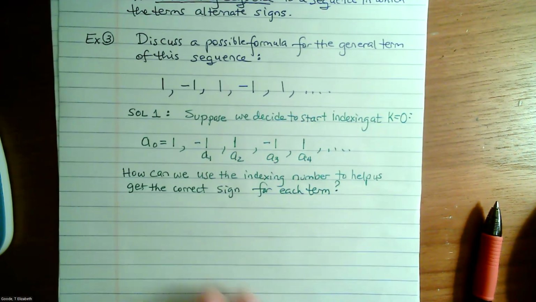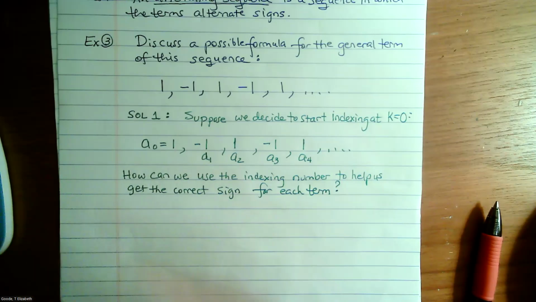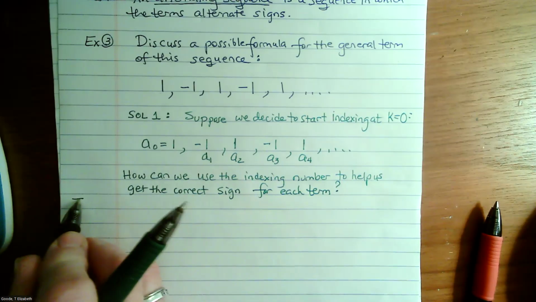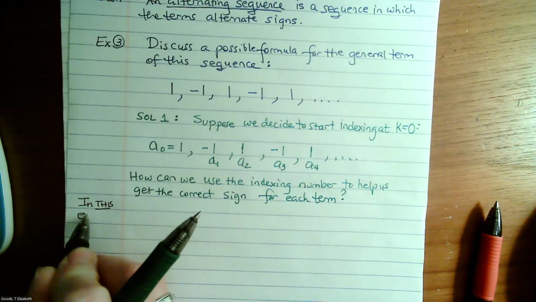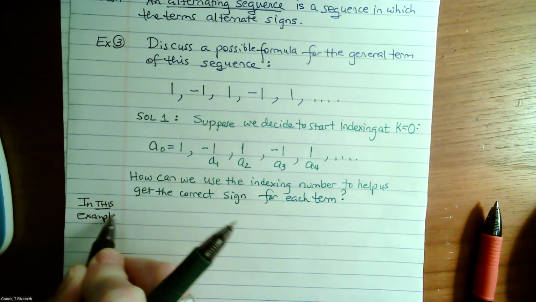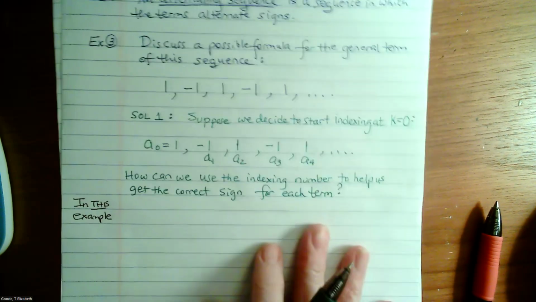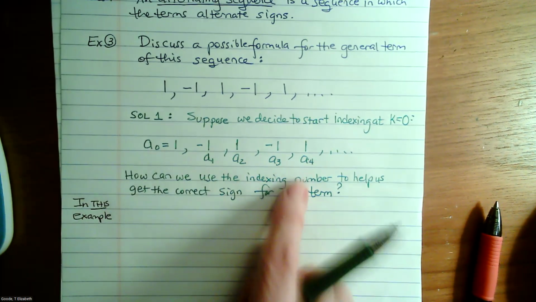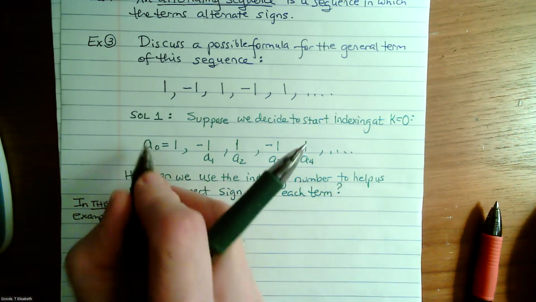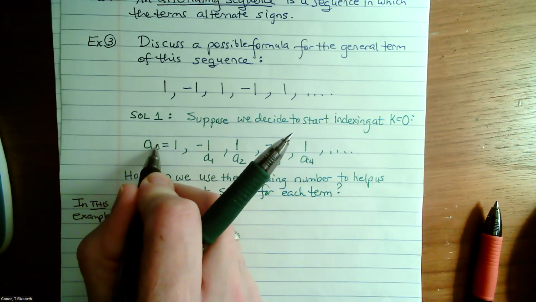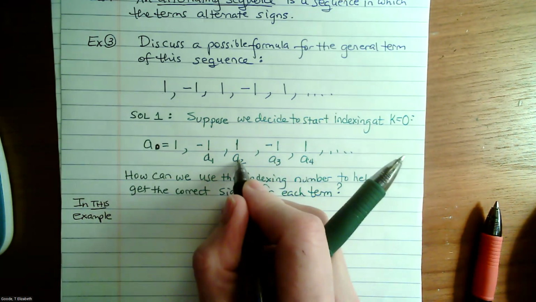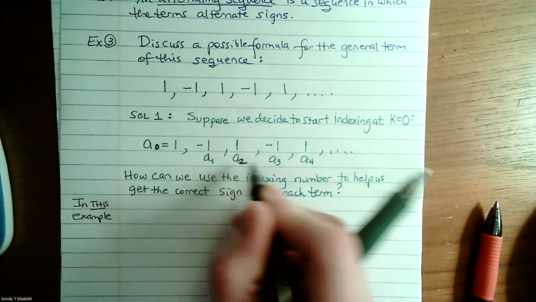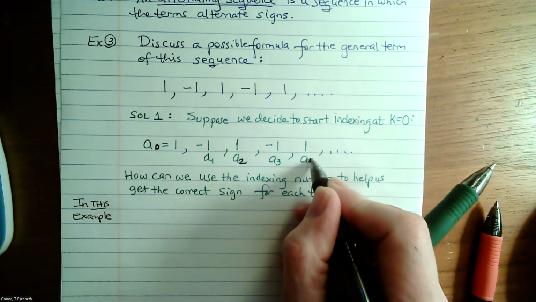Now, I want to make clear that I'm talking about this example. If we look at the terms that are positive, the indexing numbers for the positive terms are 0, 2, and 4, right?